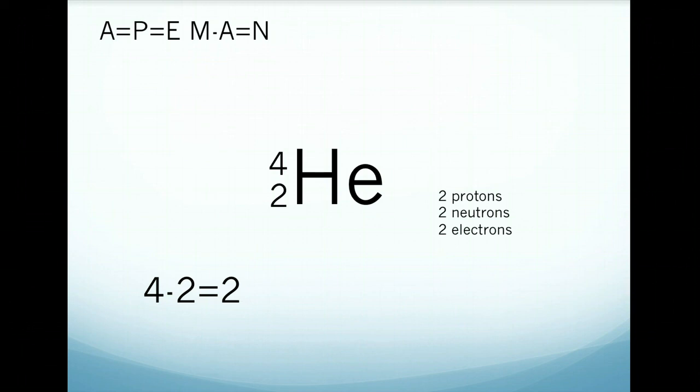Okay, so protons, the atomic number, the bottom number 2, is equal to the number of protons. So we see here we have 2 protons, and we calculated that we have 2 neutrons, 4 minus 2, and protons are equal to electrons in a neutral atom.